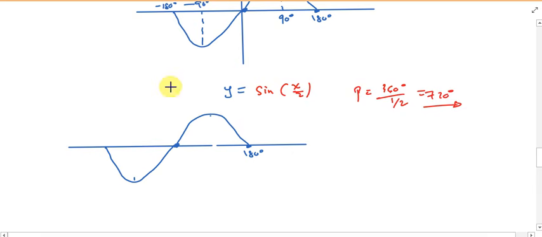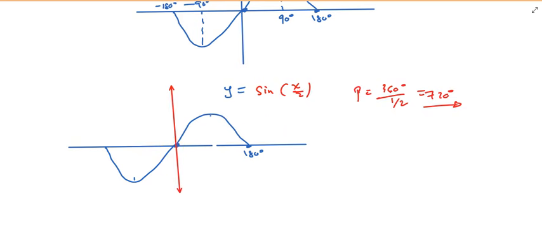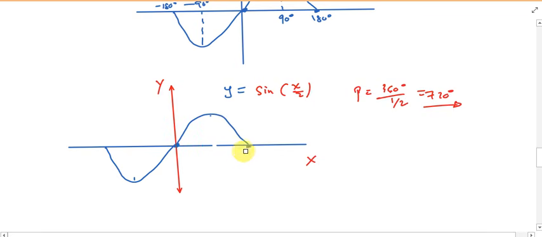Let me sketch this graph here. So just x and y axis. Remember the period of the graph is 720 degrees, so this is obviously 360 degrees, that is 180 degrees, this is minus 180, and thus minus 360 degrees.